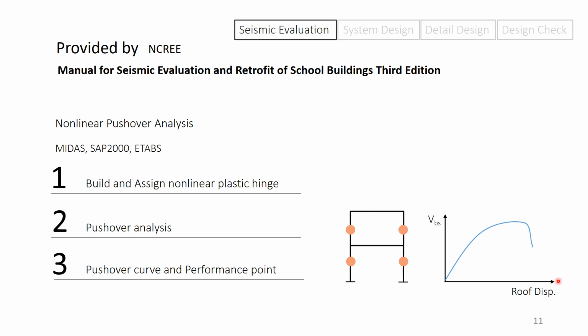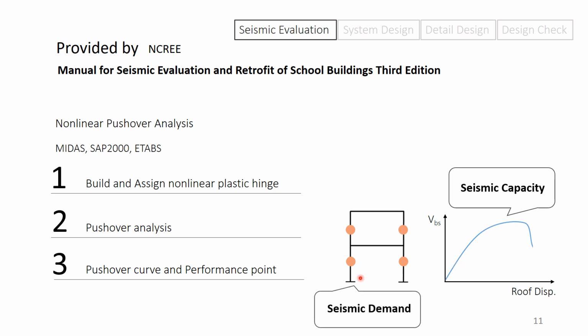And by the pushover curve, the performance point is determined, and then the seismic demand of the structure is obtained. Next, by the structure's location, the seismic demand will be determined. So the RCD, the capacity to demand ratio, will be determined.